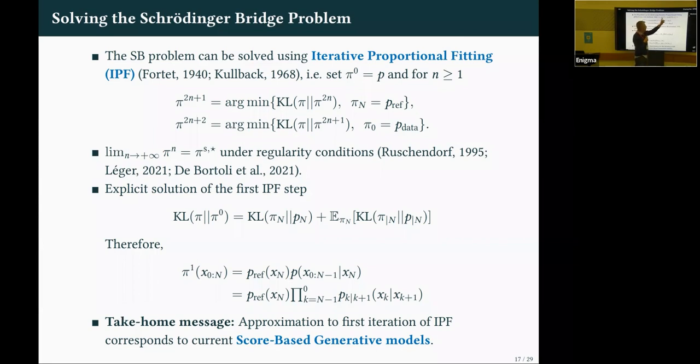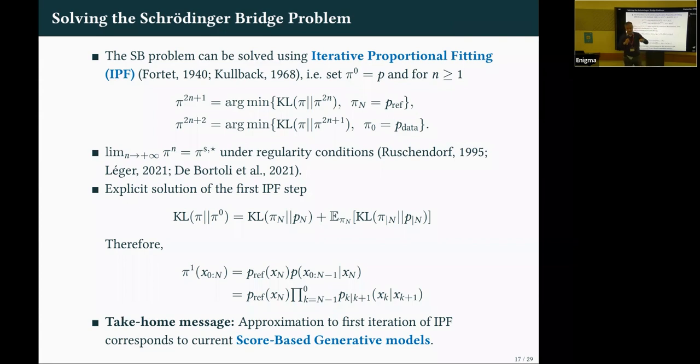And it proceeds as follows. It is an iterative algorithm: you start with a pi naught, your initial guess for the Schrodinger bridge, set to the reference noising distribution. Then you alternate, trying to minimize the KL between your current estimate of the Schrodinger bridge and pi, subject to having the final time marginal be the Gaussian. Then on the even iterations, you minimize again the KL with respect to the current Schrodinger bridge estimate, but this time you enforce the constraint that at time 0 you want the distribution of the data.